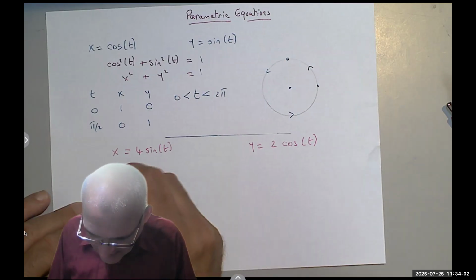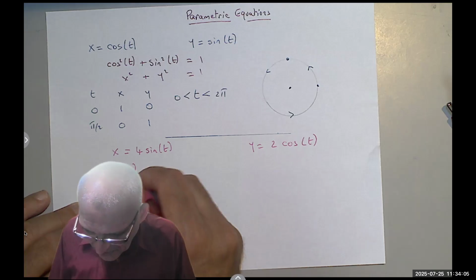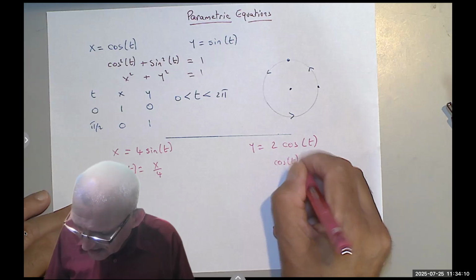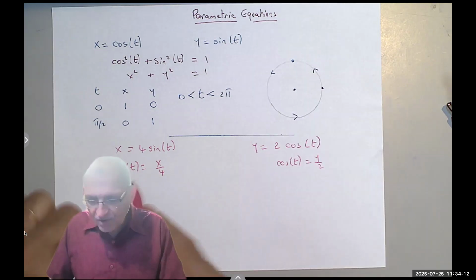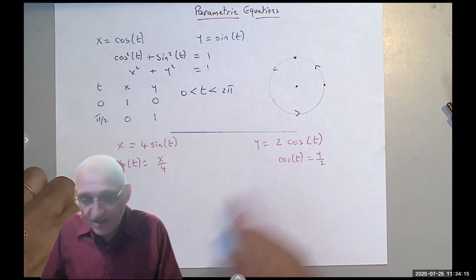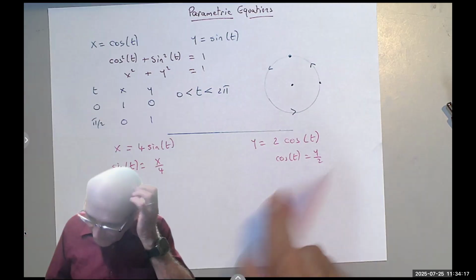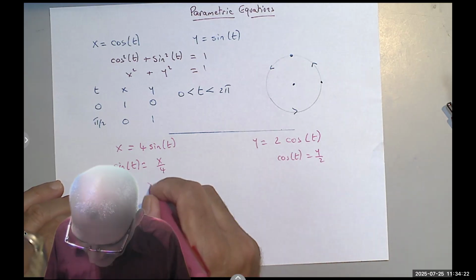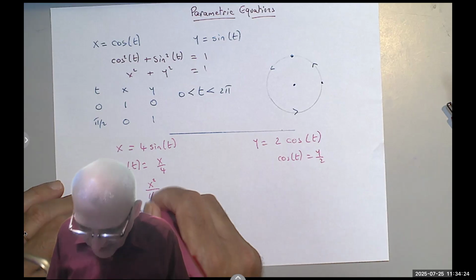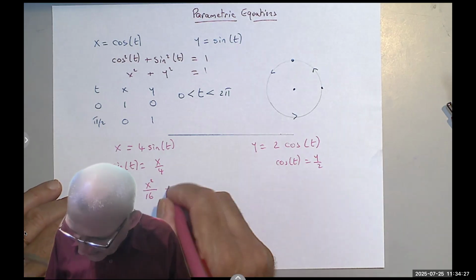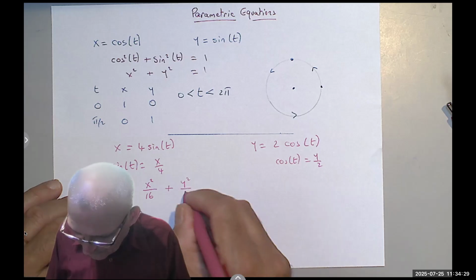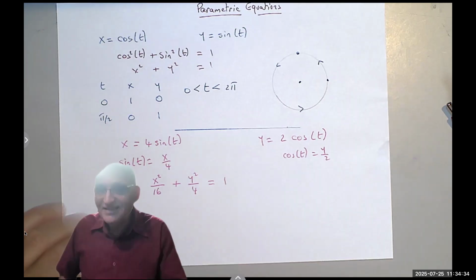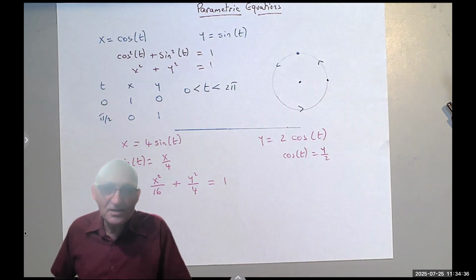Let's separate the sine of t, which is x over 4, and the cosine of t is y over 2. Then I'm going to square and add, because I know sine squared plus cosine squared equals 1. So I'm going to say x squared over 16, which is 4 squared, plus y squared over 4 equals 1.